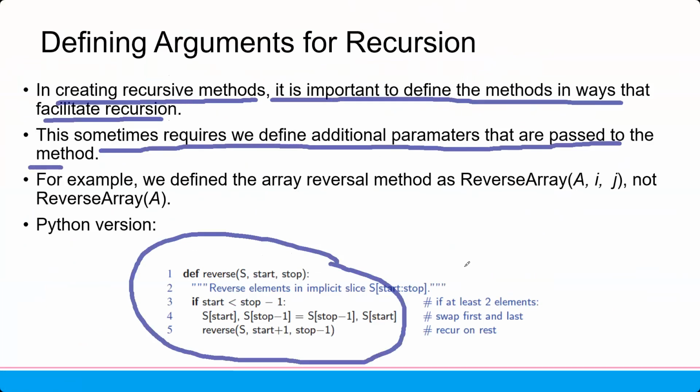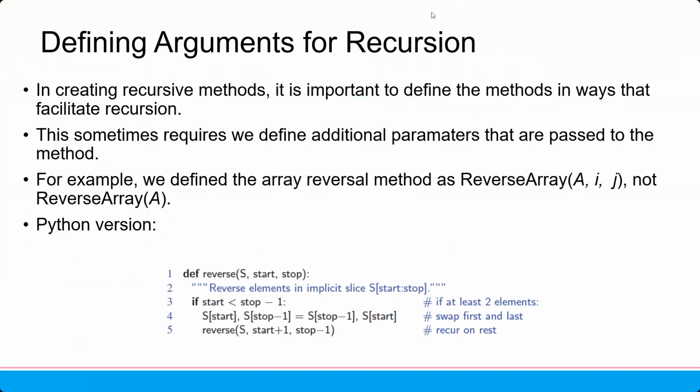For example, we can make reverse array A, I, J instead of only reverse array A. It depends on how you define it. If we want to make A, I, J, then I make the arguments: S is the sequence for the array, start is the starting index, and stop is the index where we want to stop.